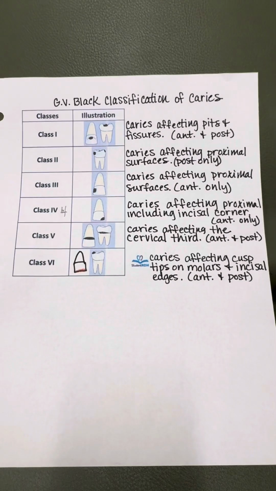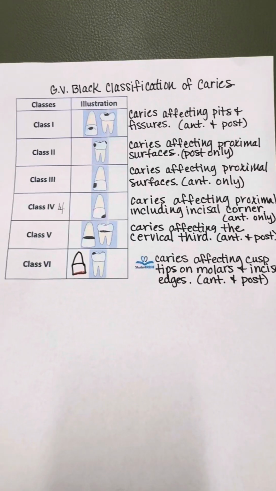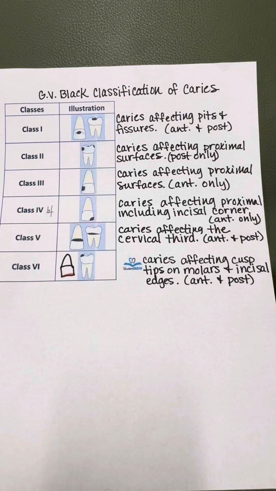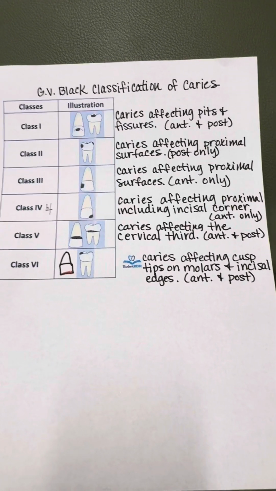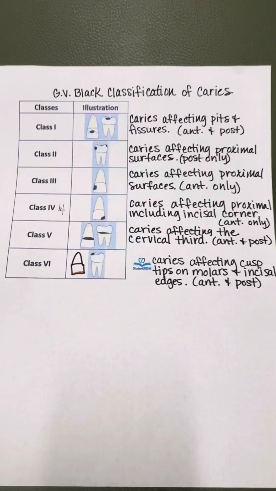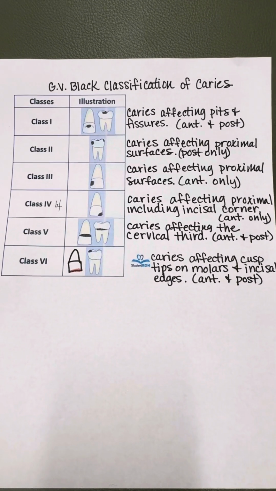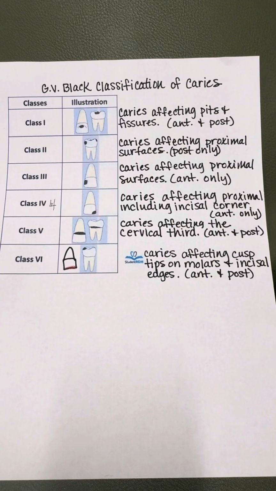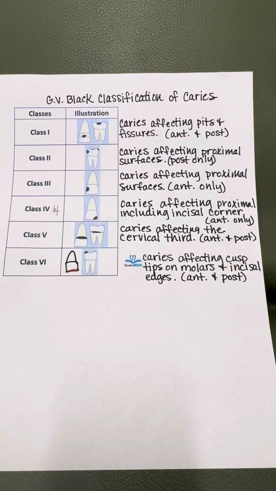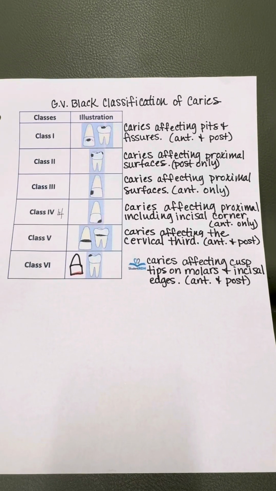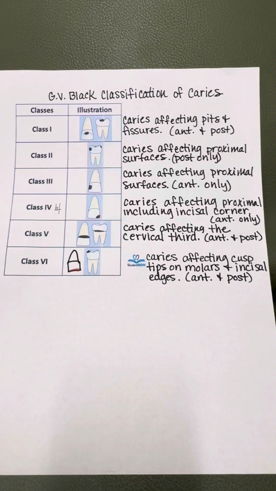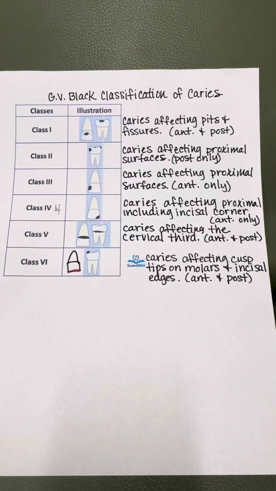So I'm gonna go down a rabbit hole here and just ask you, why is class 5 so common? Why do people get decay at the class 5 area? Well, I can tell you, they don't brush the gum line good. They either haven't been educated, or my opinion is that a lot of them have gingivitis from not brushing the gum line, and so when they brush, their gums bleed and they hurt, so they try to stay away from them.